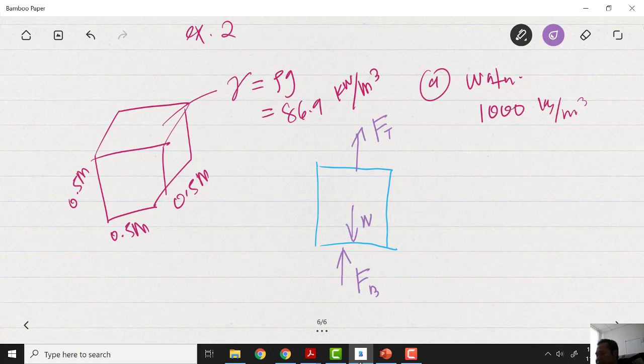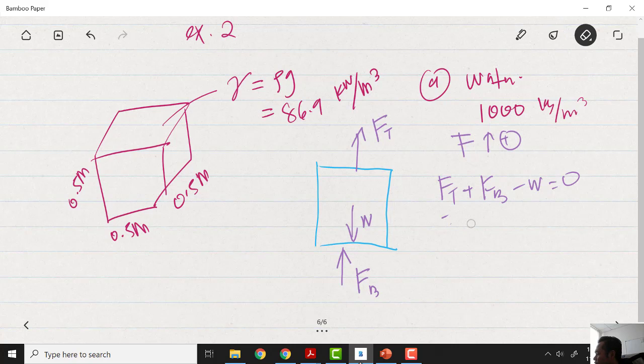Using the same method as before, let's say the force moving upward is positive. Let's write the equation: Ft plus Fb minus W equals 0. We are going to find Ft, the force holding the cube.